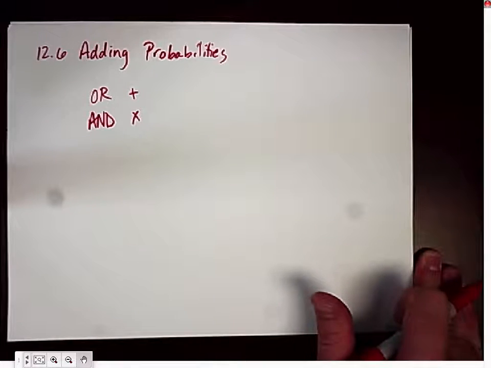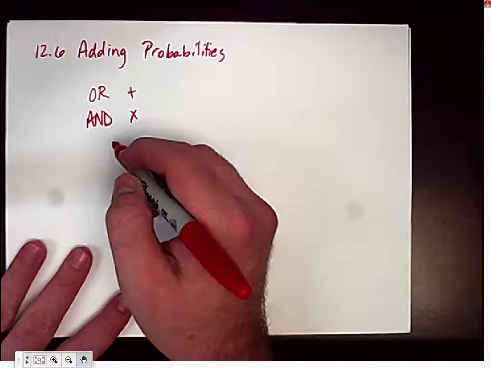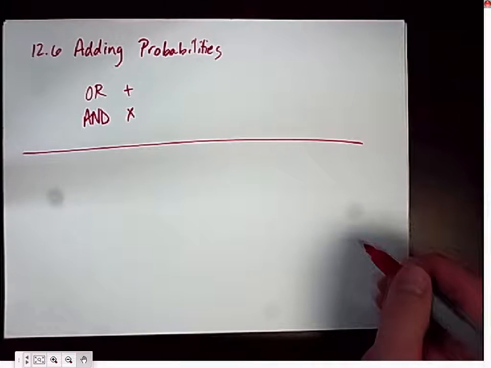Okay. So let's think about this. If you were going to flip a coin twice, and I want to know the probability that the first one is heads and the second one is heads. Well, let's go the old way.